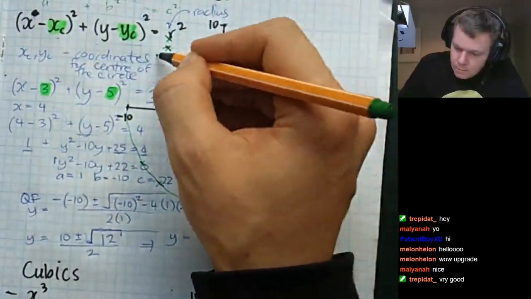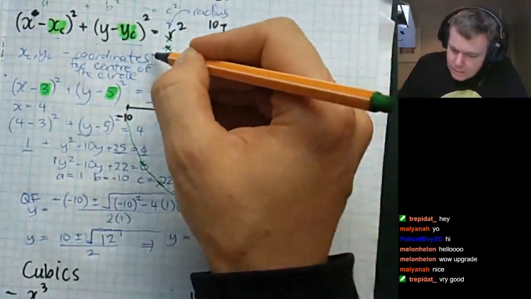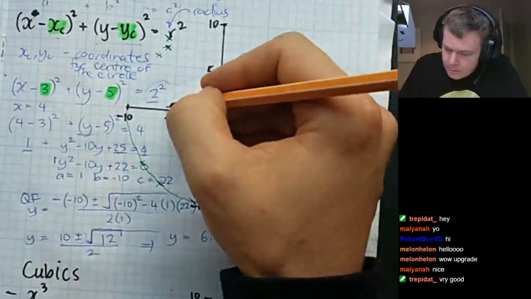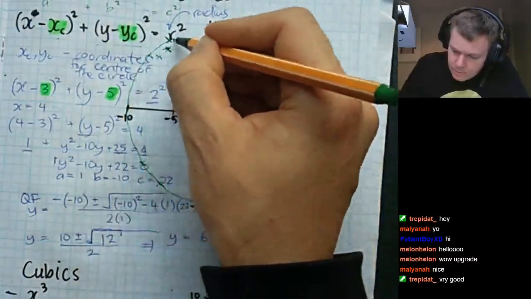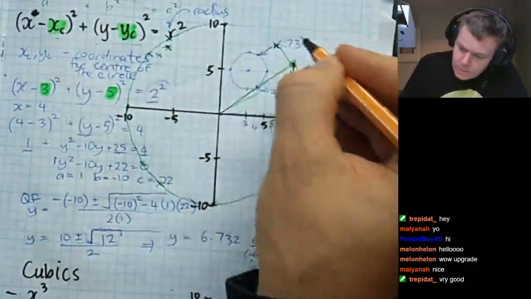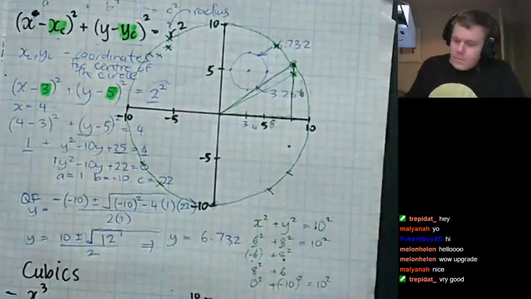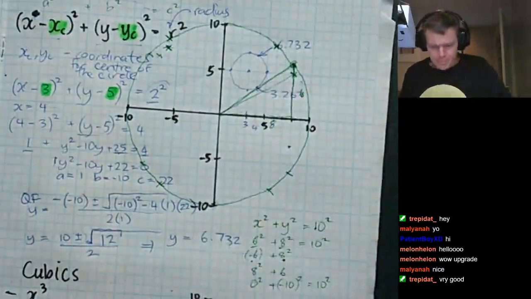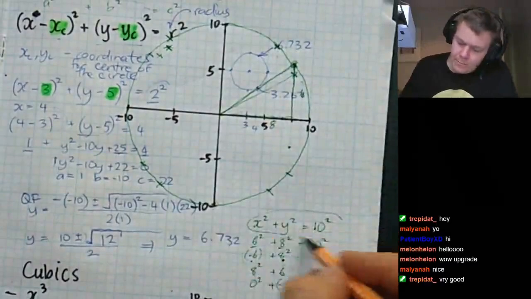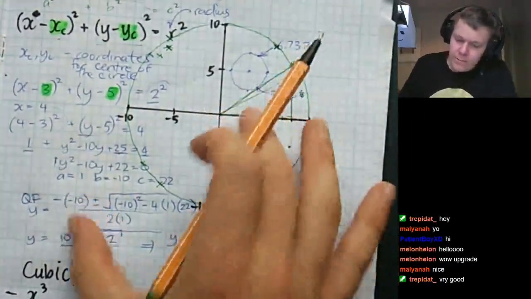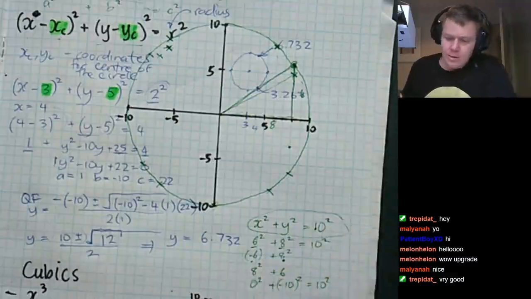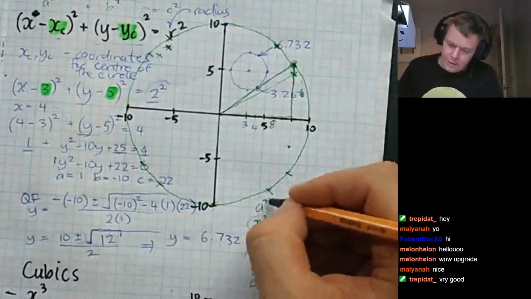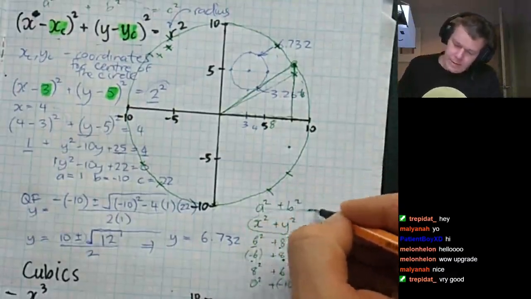So yeah, 6 and 8. Interesting that this formula for a circle is essentially an extension of the Pythagoras formula, a squared plus b squared equals c squared.